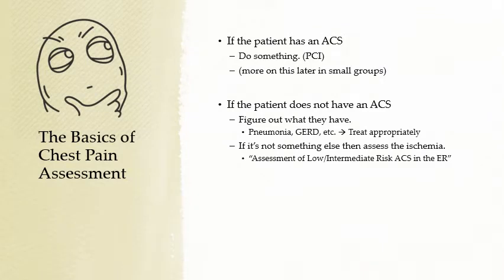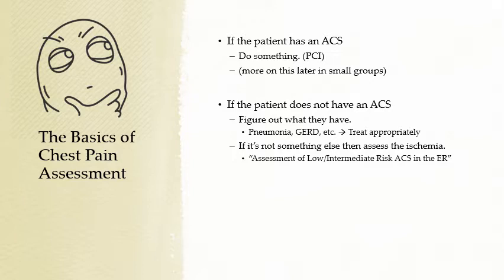So again, the very basics of this. If the patient has an acute coronary syndrome, they're going to do something. These specifics we'll talk about in small groups. If the patient doesn't have an ACS, then you've got to figure out what they have. And if you can find something diagnostically or positive with pneumonia or GERD, then you treat appropriately and move on in that direction.